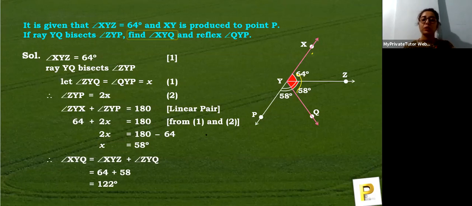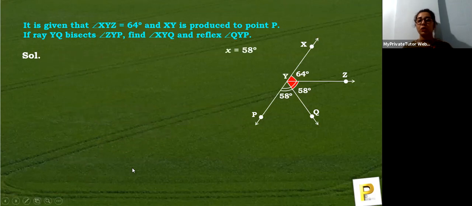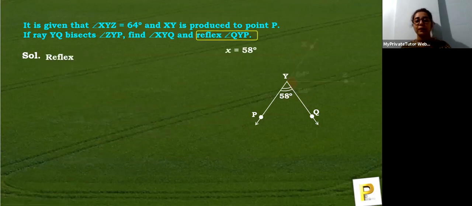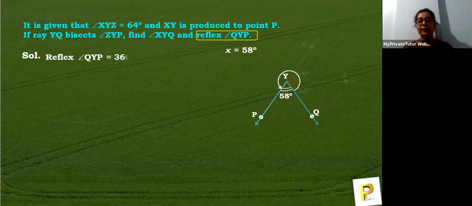Let's move towards the next part, that is you have to find the reflex angle QYP. So let's only consider QYP. If we have QYP as the angle and the reflex angle, this part you have to find, that is 360 minus the angle which we have.